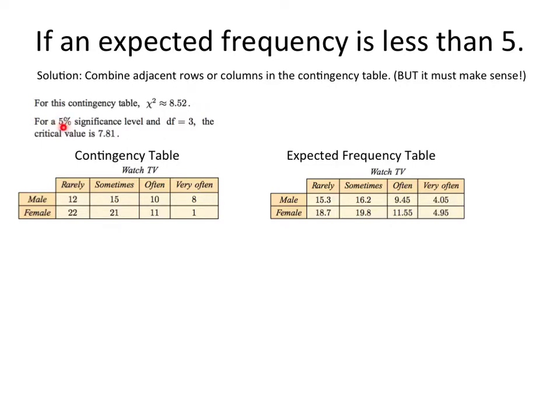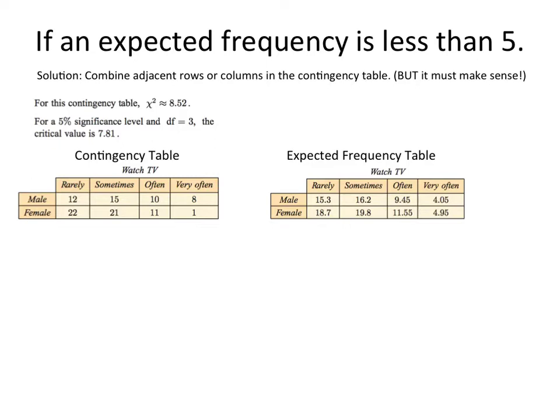If the problem asks at a 5% significance level and a critical value of 7.81, are the variables independent or dependent? The variables are gender and how often someone watches TV. Is there a link?